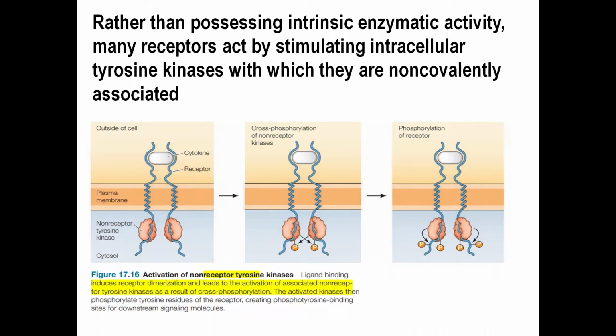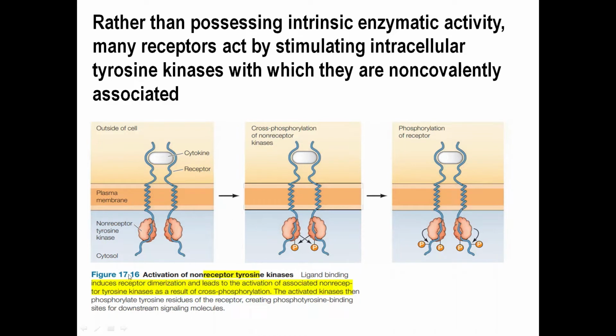Now, after the dimerization, there is cross phosphorylation by this non-receptor tyrosine kinase. As we all know, kinase means phosphorylation and removal of phosphate is done by phosphatase. So, since this is a kinase protein which is non-covalently bound to the C-terminal domain of the receptor, these proteins will now cross phosphorylate each other, and also there is phosphorylation of the receptor.